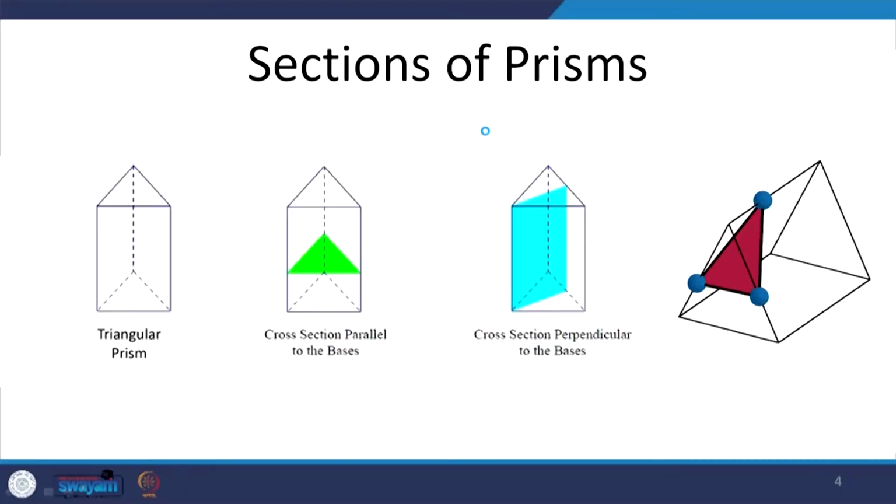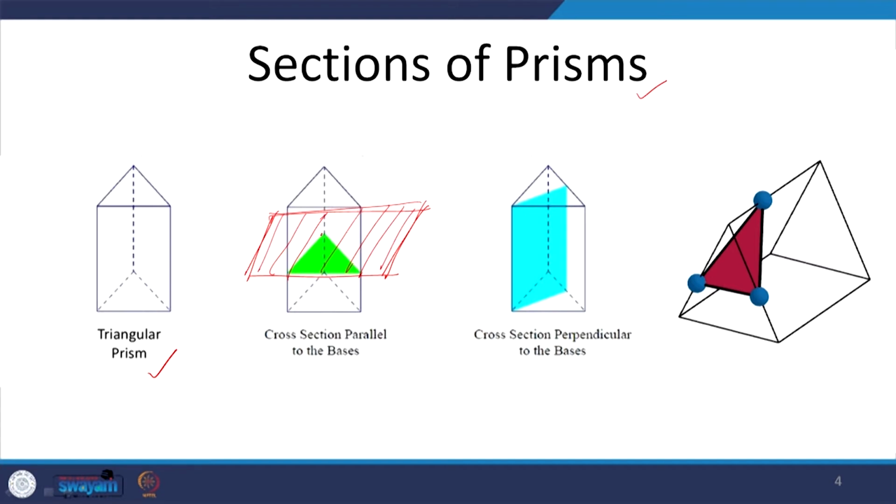So, let us start looking at the sections of prisms here. Now, what happens in this example? We have taken the example of a triangular prism, which is one of the most common prisms. So, this is the triangular prism which we are considering. Now, what happens if the section plane is parallel to one of the bases or two bases?